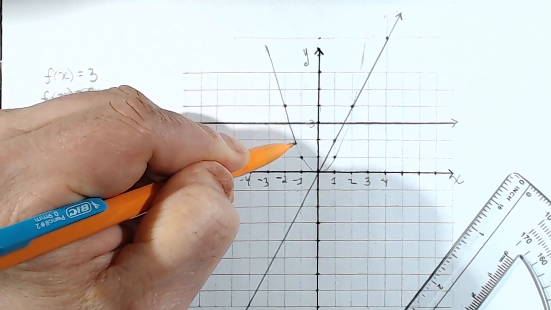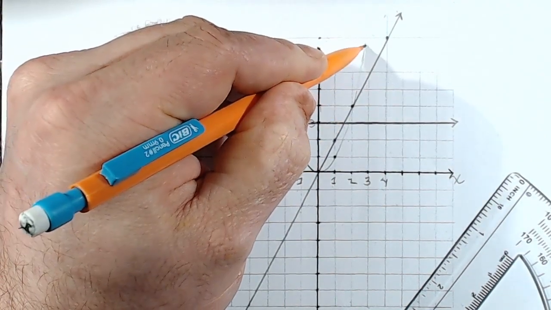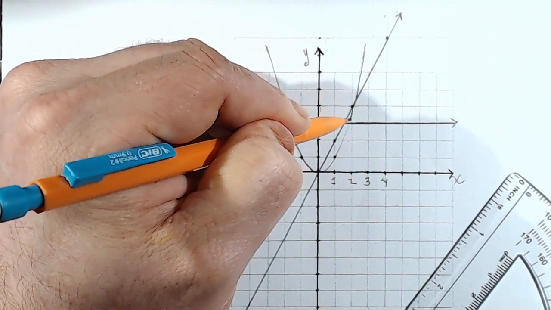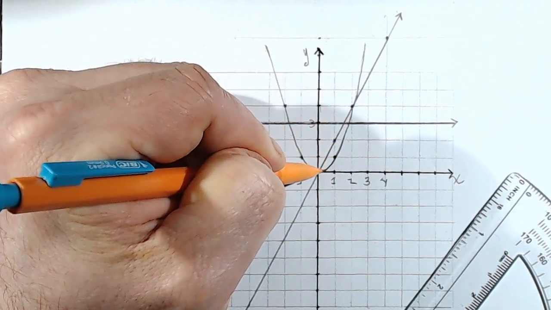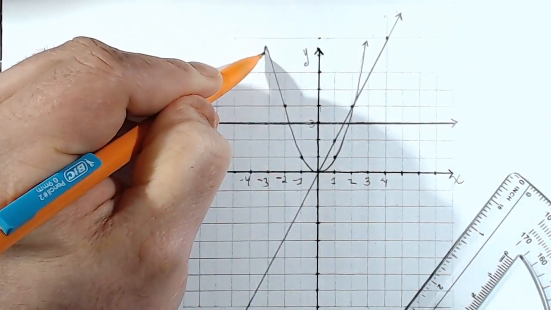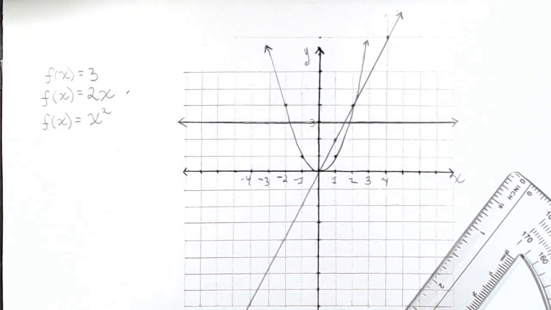This is a quadratic curve where the other two lines were linear. Okay, so that's kind of what that line looks like. So now we've got these three lines all graphed, okay?